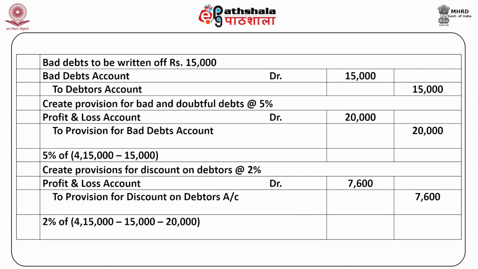Profit and loss account debited 20,000 to the credit of provision for bad debt account 20,000, 5% of 4,15,000 minus 15,000. Create provisions for discount on debtors at 2%. Profit and loss account is debited 7,600 to the credit of provision for discount on debtors at 7,600. 2% of 4,15,000 minus 15,000 minus 20,000.